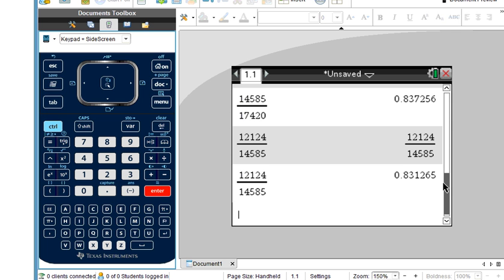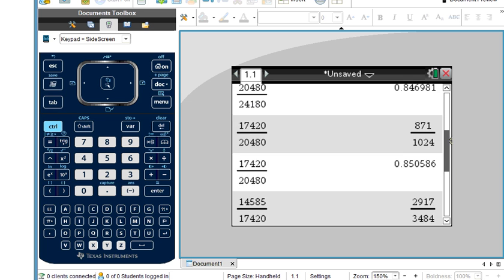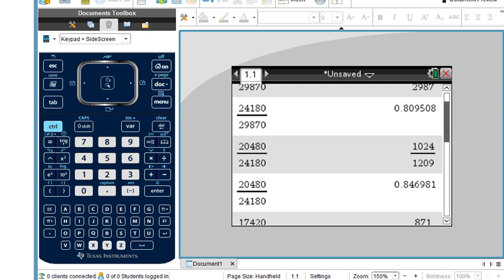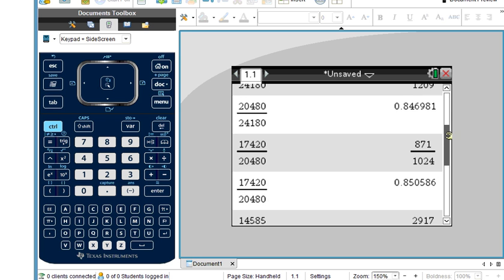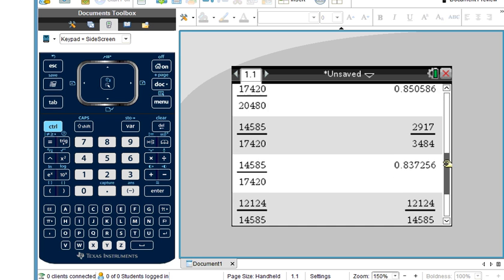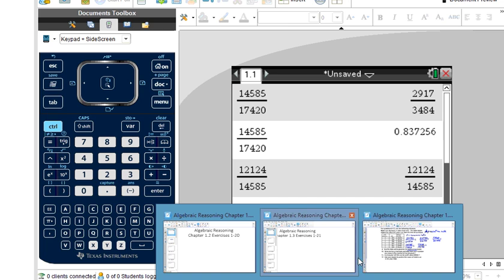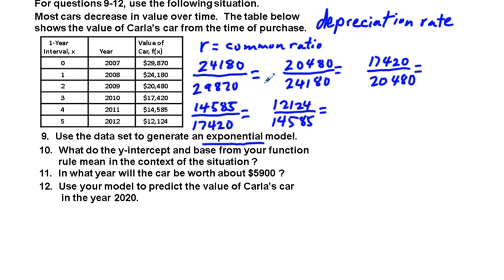So I'm just going to round here. The first one we have is about 0.81, then 0.85, 0.85, 0.84, and 0.83. So we come back here and we say this was 0.81, 0.85, make sure I get these right.